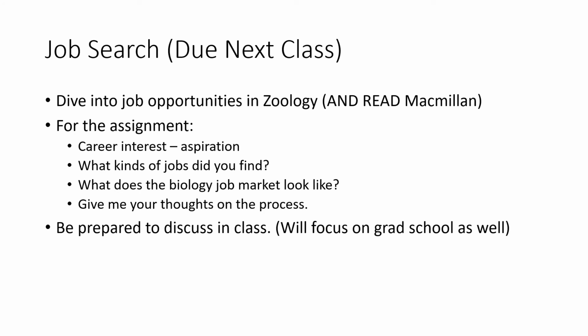And I will be calling on y'all in class to discuss this. And we also will focus on talking about why grad school is so important for folks that want to go on. So this is also an opportunity that if you do find grad school assistantships, this is something that can also fill into this as well. So be sure that you pay attention to whether there are grad school opportunities as well in there.